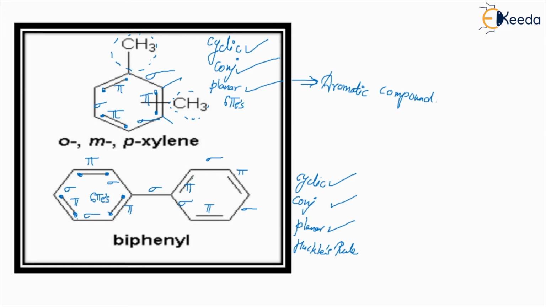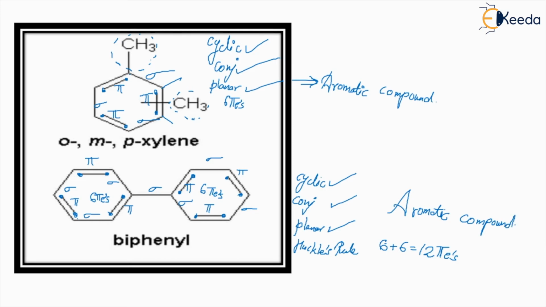So it will be 6 over here as well. Let's calculate once. 1, 2, 3, 4, 5, 6. So 6 pi electrons here as well. So it becomes 6 plus 6, which is equal to 12 pi electrons. And thus even this becomes an aromatic compound, a compound which is aromatic in nature.